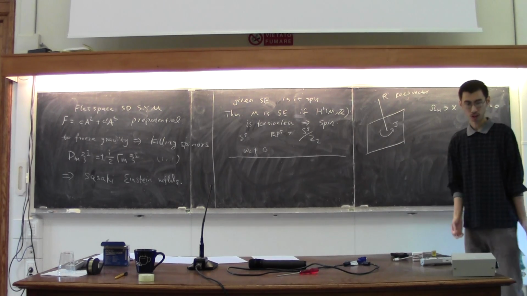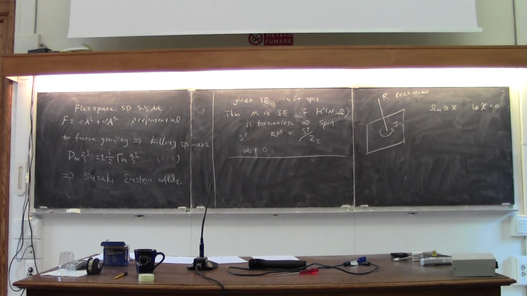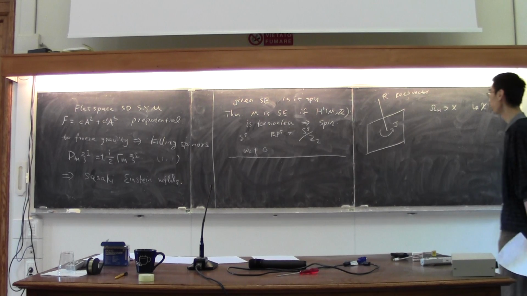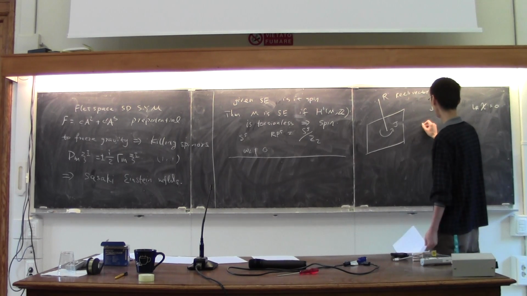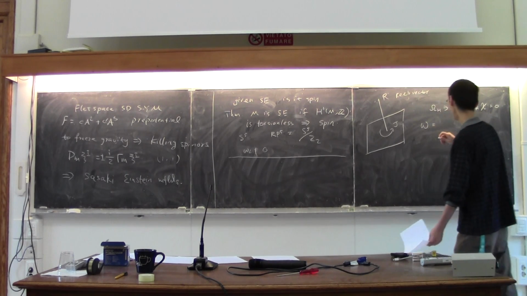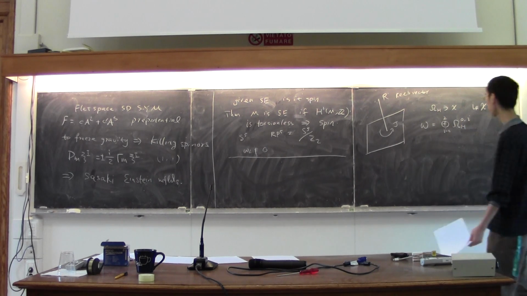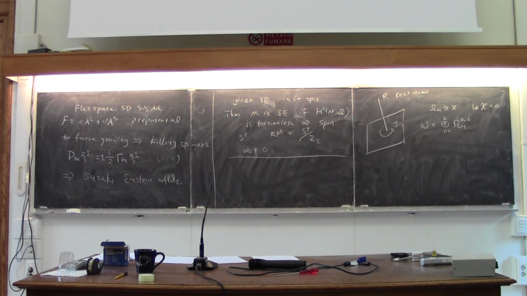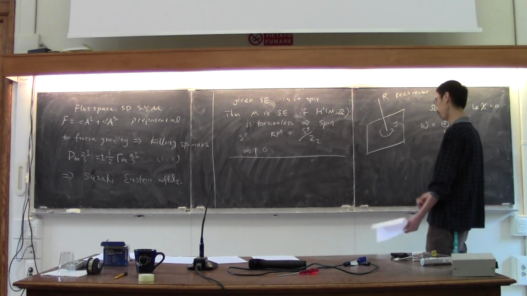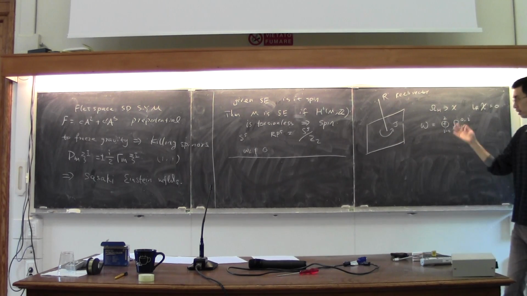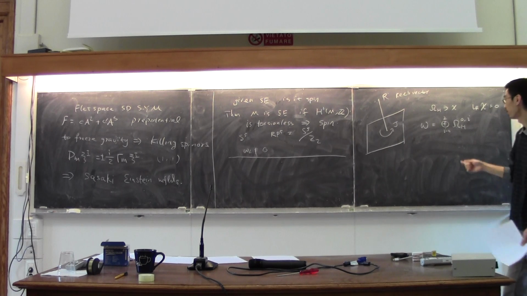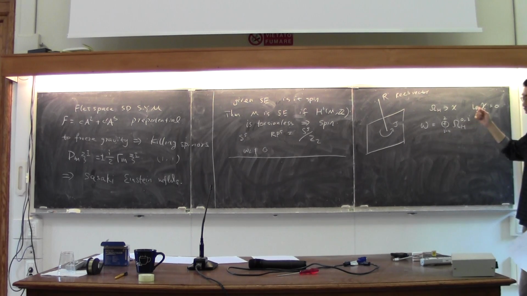Secondly, we can use this complex structure to decompose the forms into holomorphic and anti-holomorphic components. Let's consider the following bundle. Because the manifold is 5-dimensional, the transverse plane is 4-dimensional, so I can only run from 0 to 2.